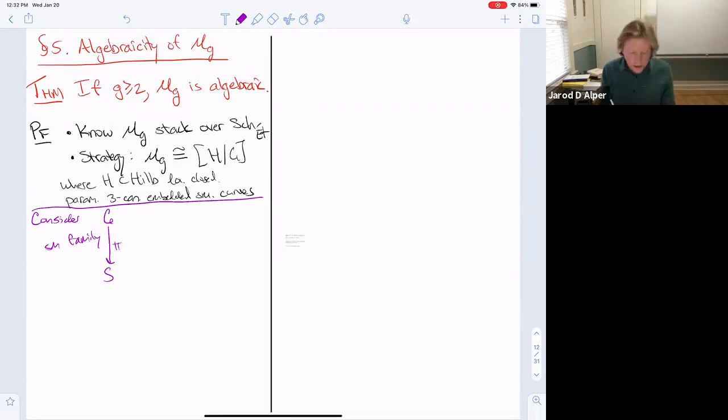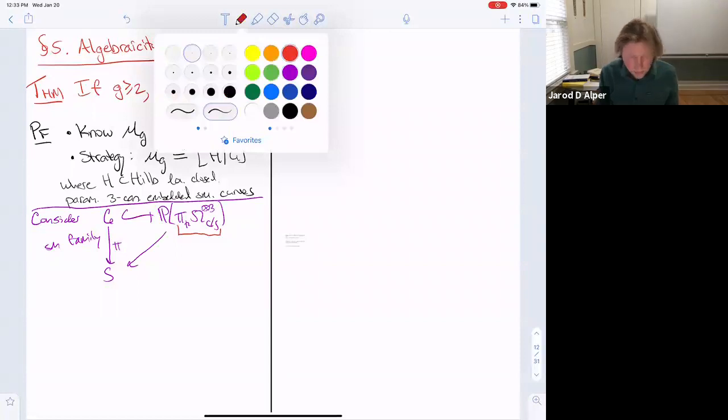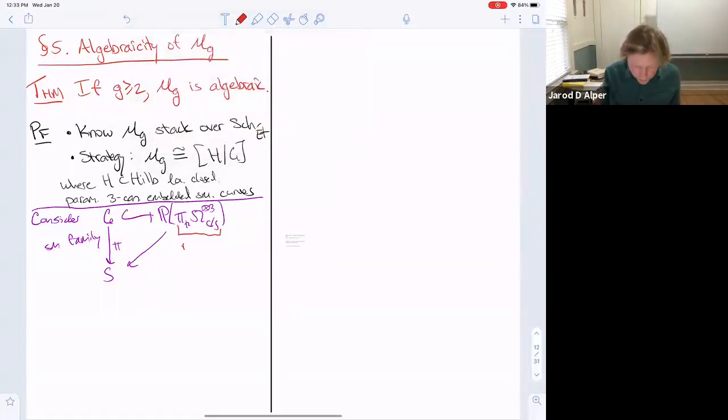And what we know is that we can embed this into the relative projective space of the third canonical. I'm just trying to state everything we know so that the proof looks more natural. So this is of rank 5g minus 5.